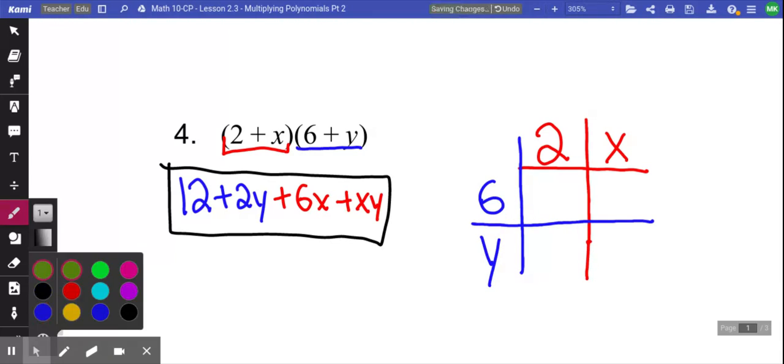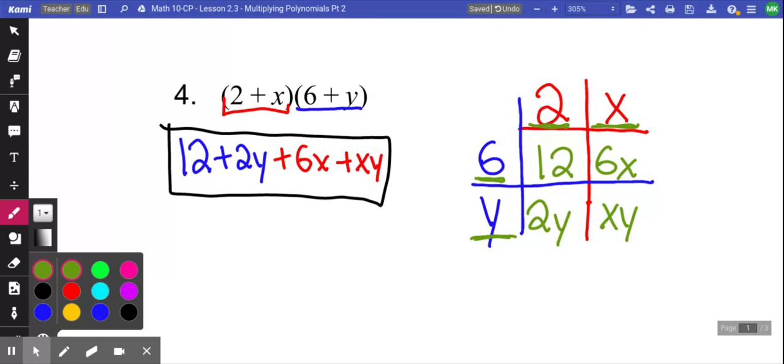And then you filled in the middle of the chart. So you'd go 2 times 6 is 12. 6 times x is 6x. 2 times y is 2y. X times y is xy. And those green numbers that I just wrote are your answer. 12 plus 6x plus 2y plus xy.